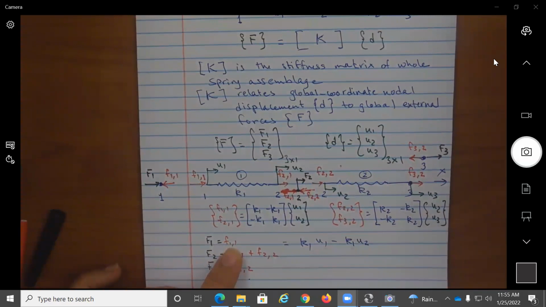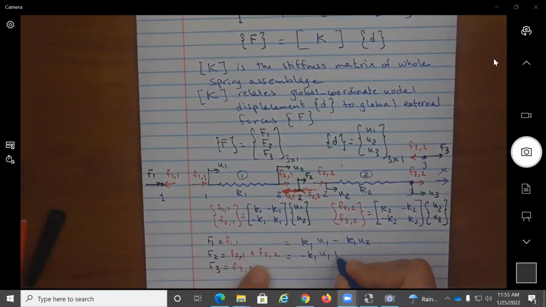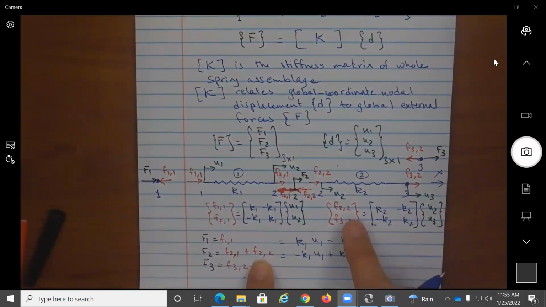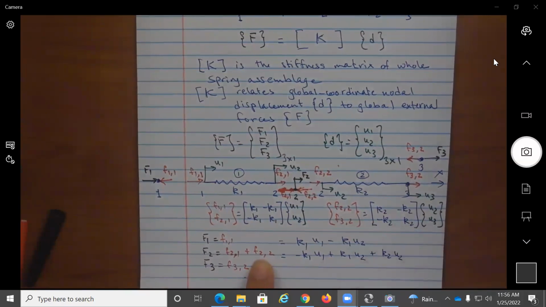For F2, I'm going to take F21, which is equal to minus K1 U1 plus K1 U2, and then plus F22. And what's F22? F22 is K2 U2 minus K2 U3.